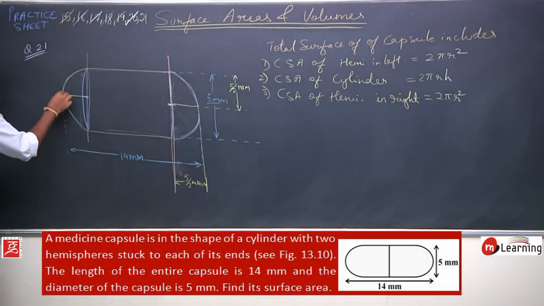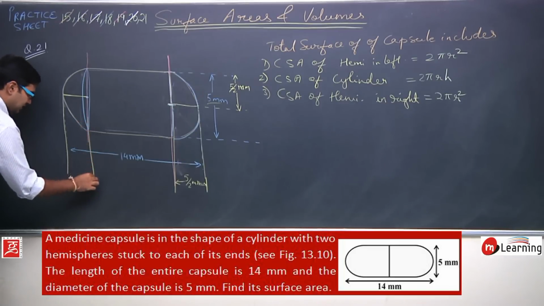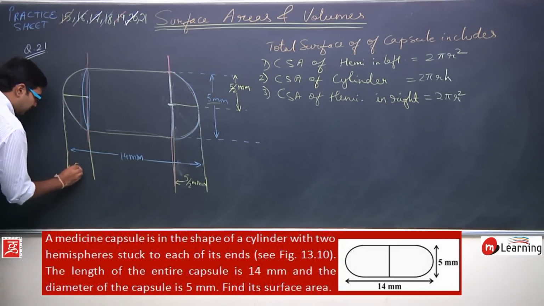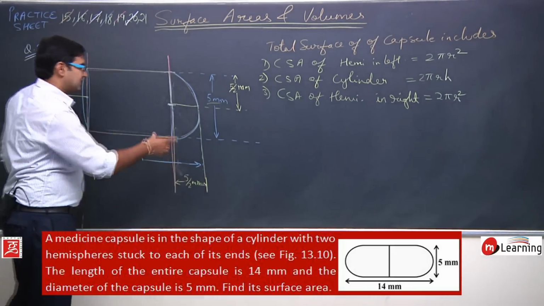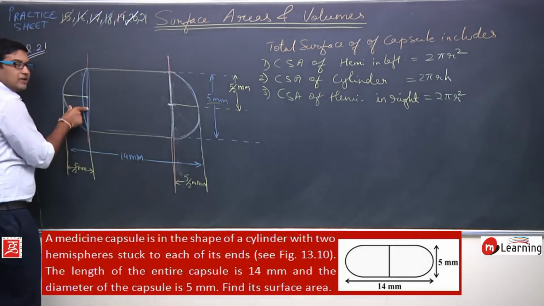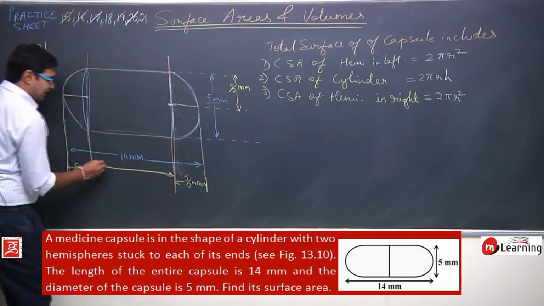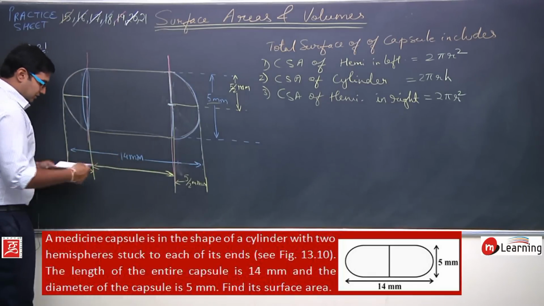Okay, and also at this end, I can see this is the radius, which is again 5 by 2 mm. So at both the ends of this capsule, this length is 5 by 2, this length is 5 by 2. So what is the length of this cylinder in between?